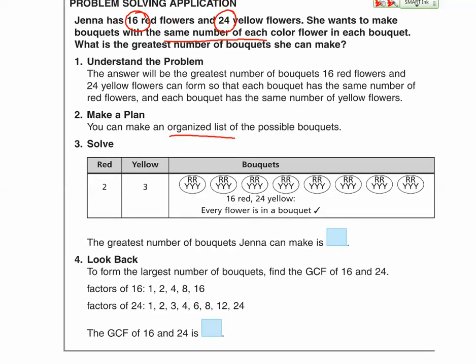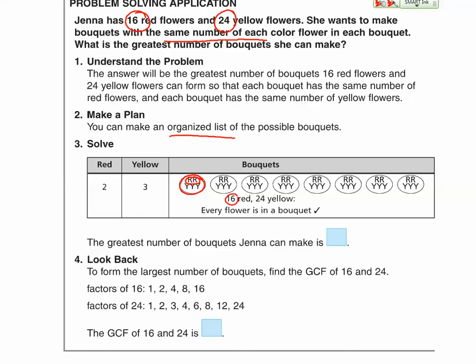So, remember, one thing that you can do here is set up some bouquets and go through, but this really is a greatest common factor problem. When you're looking at this, you could set up this diagram here and go through different options. If we were to make 1, 2, 3, 4, 5, 6, 7, 8 bouquets, that would allow us to have 2 reds in each bouquet, because 2 times 8 is 16.